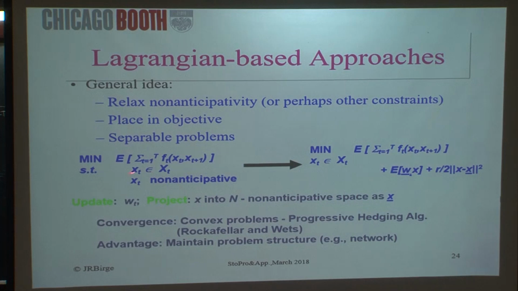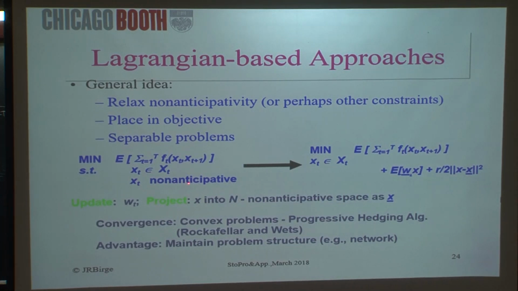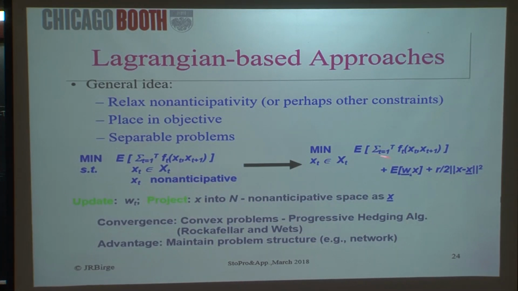So the idea is I take the non-anticipativity constraints and I put them into the objective, where W are the multipliers associated with these non-anticipativity constraints.